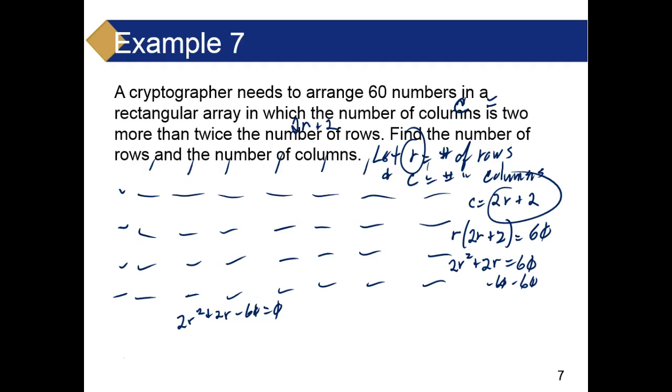Now, you can either factor out the 2, or since it's an equation, you can divide everything by 2. Divide this by 2, you get a 1. This by 2, you get a 1. This by 2, you get a 30. And 0 divided by 2 is 0. So that now gives us r squared plus r minus 30 equals 0.